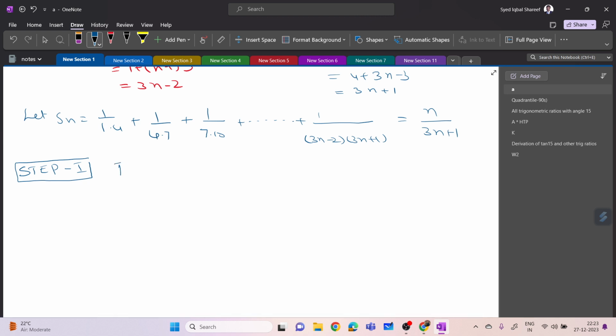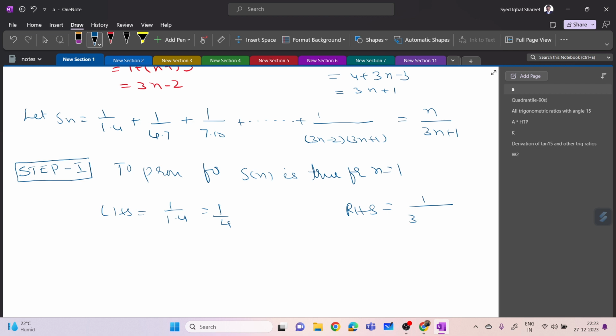We have to prove S of n is true for n equal to 1. So what is our left hand side? 1 into 4 is 1 by 4. So right hand side, n equal to 1, 3 plus 1 is 4. So left hand side equals right hand side.